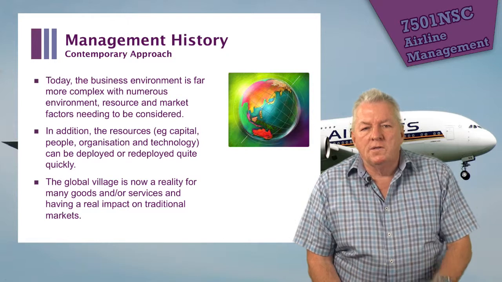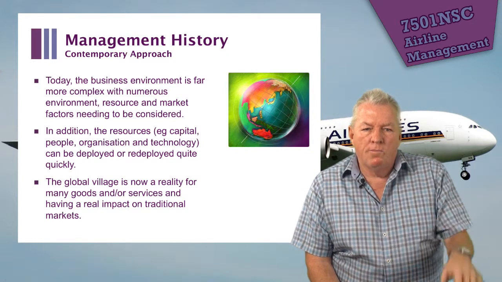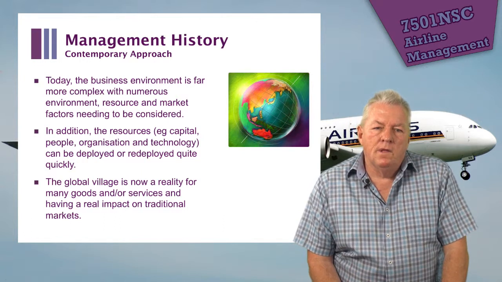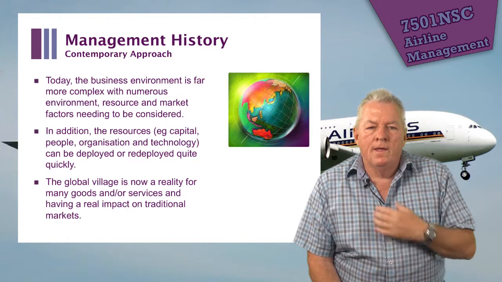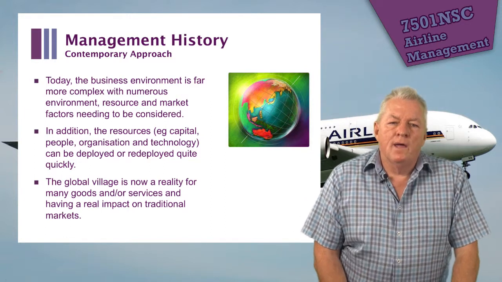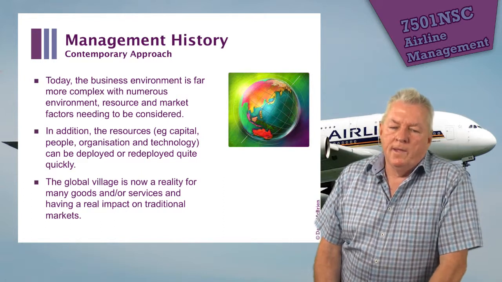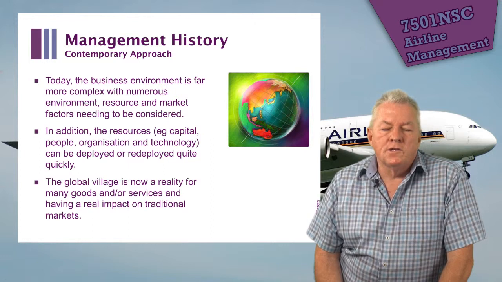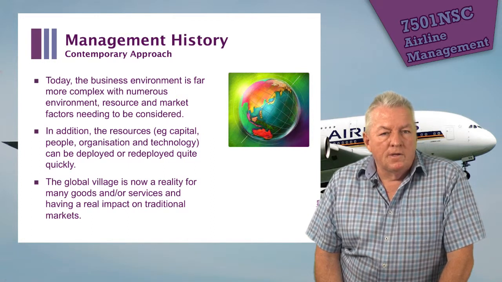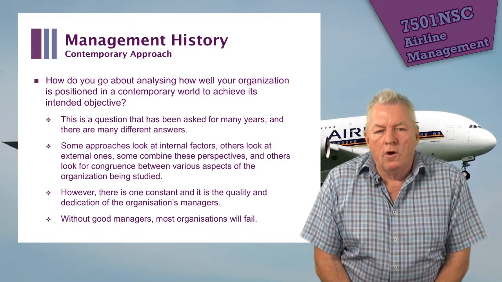The world has changed these days. The business environment's far more complex. In addition to the resources of capital, people, organisation and technology, all of these can be deployed very quickly or redeployed quite quickly. And the world is now a global village. So if people see opportunities, business opportunities, they'll be marching on your market.